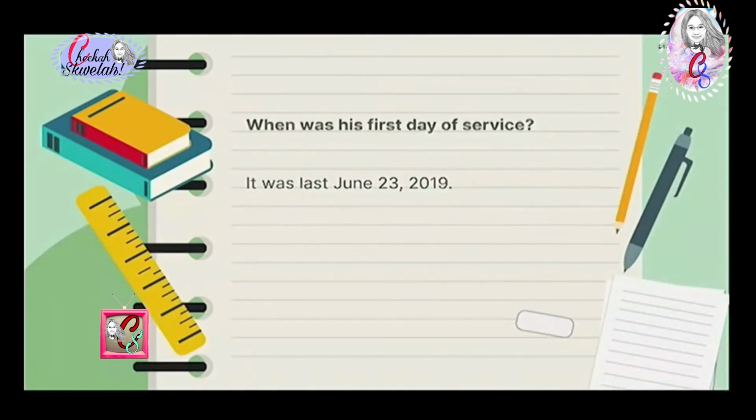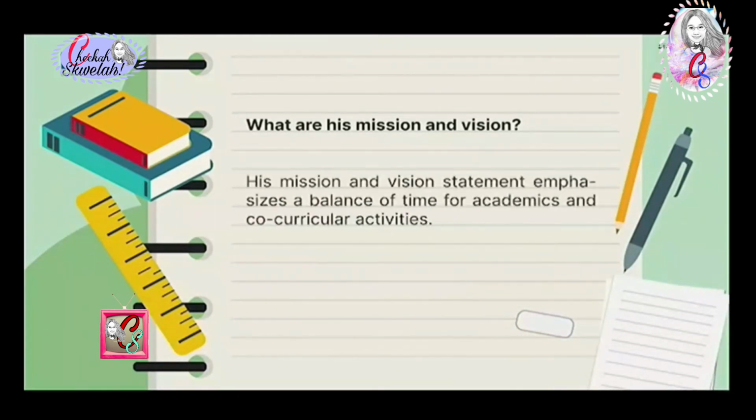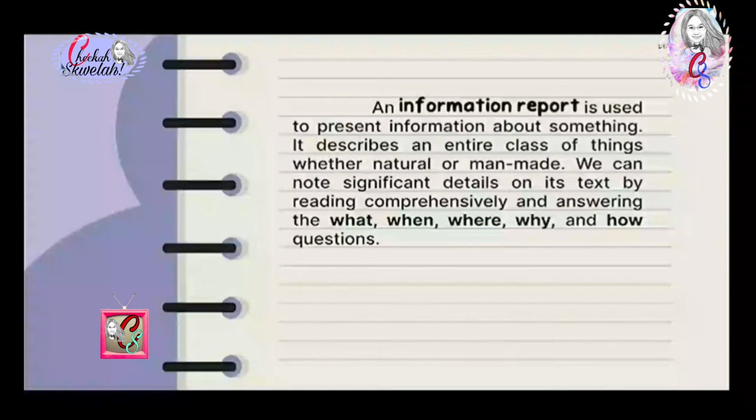What is his mission and vision statement? Answer is, his mission and vision statement emphasizes a balance of time for academics and co-curricular activities. Then, I am proud of you. An information report is used to present information about something.